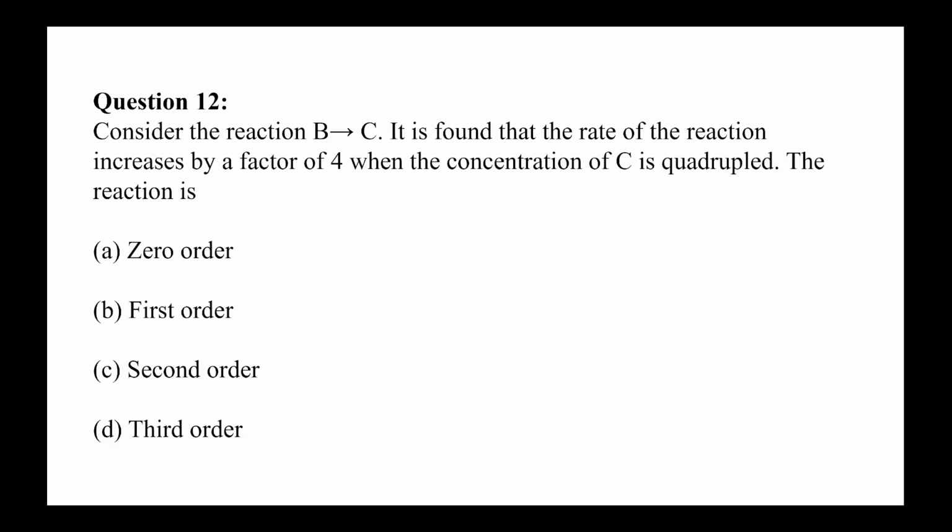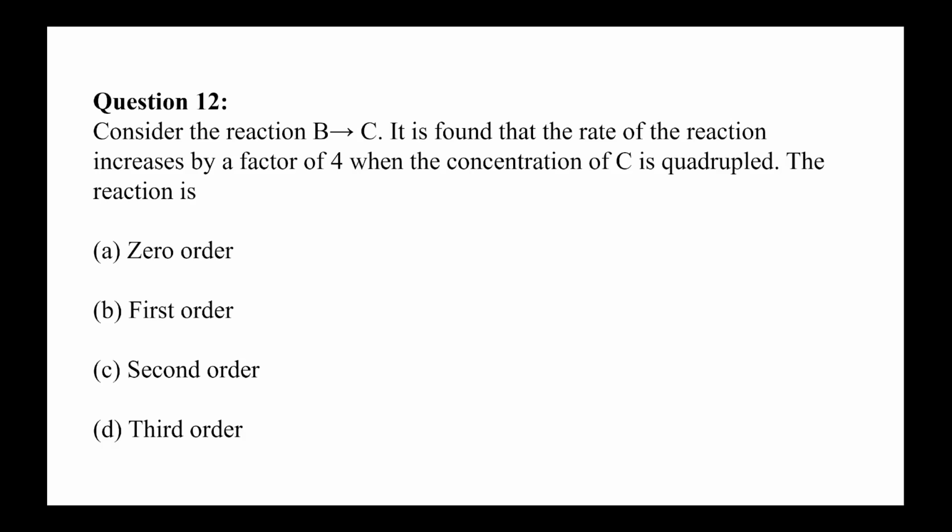Question number 12. Consider the reaction B goes to C. It is found that the rate of the reaction increases by a factor of 4 when the concentration of C is quadrupled. You have to tell the order of the reaction.